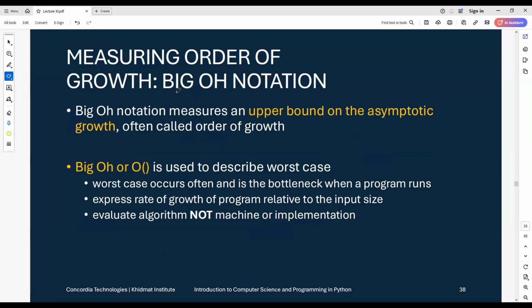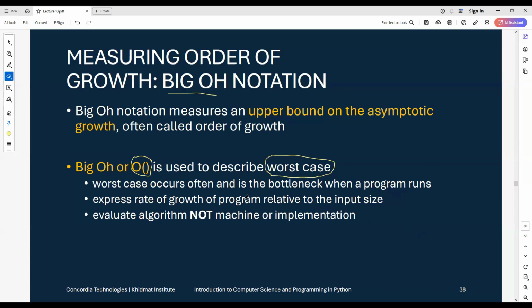Now, this big O notation, or Omicron Greek letter, as I mentioned earlier, is what we use to identify the complexity class of an algorithm. What it describes is the worst case running time of an algorithm, and we will take a look at a few examples of how this is calculated.